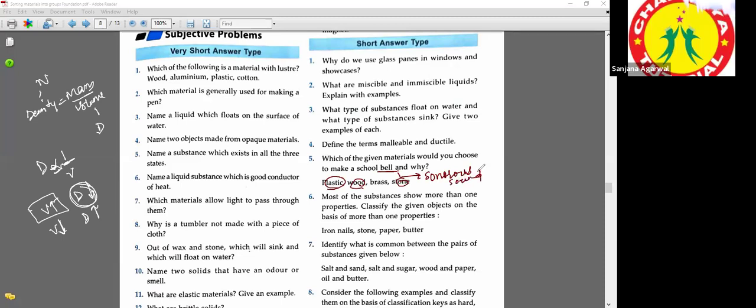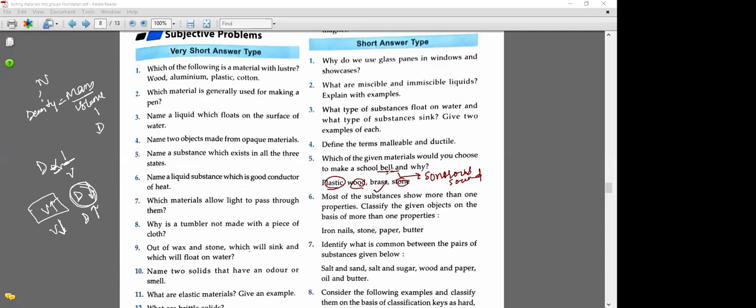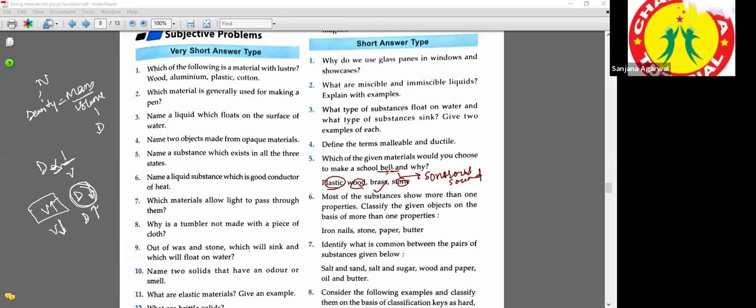Yeah, Bhavesh. Ma'am, the sixth one. Iron nails. Those whose chances show more than one property. Classify the given objects; this is more than one property.